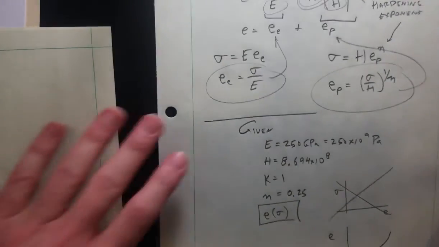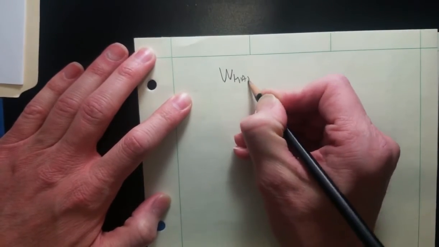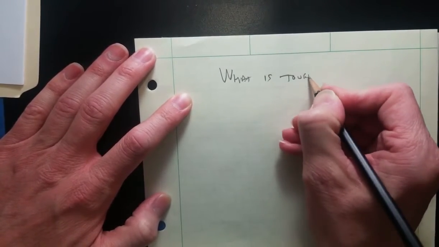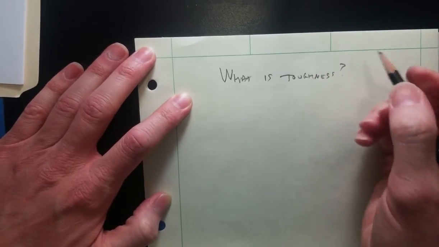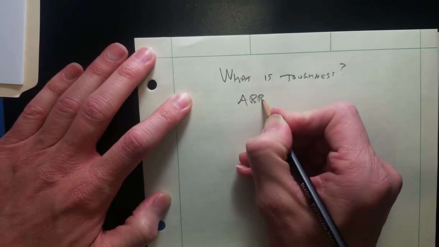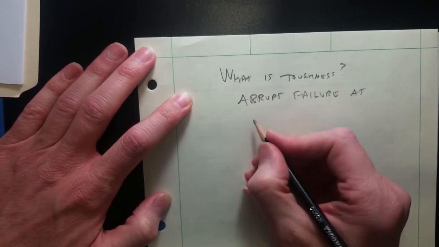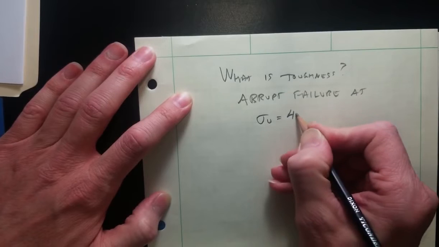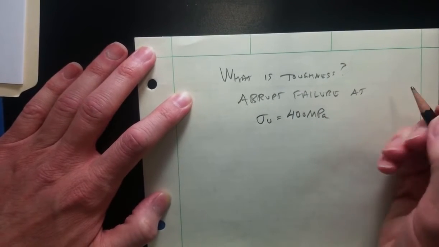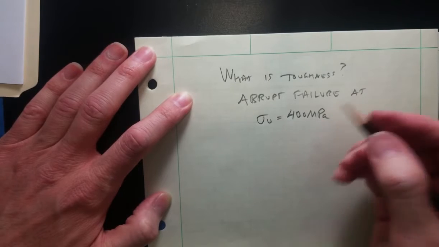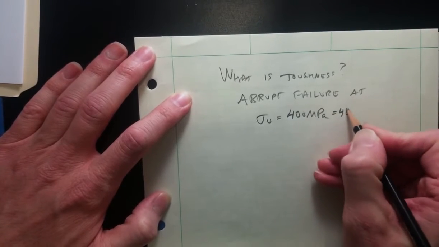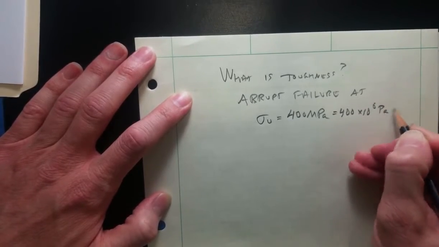Let's say that we have these. What is the toughness given abrupt failure at σu equals 400 megapascal, or 400 times 10^6 Pascal?